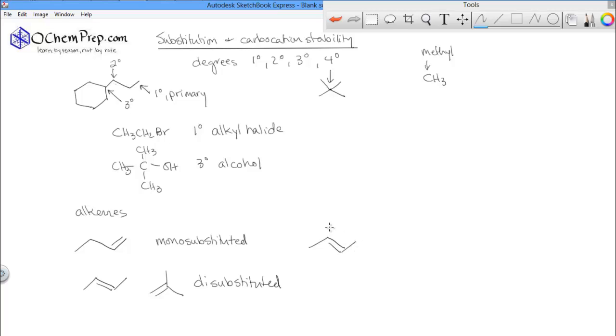And correspondingly, if I have my double bond attached to three other carbons, this is trisubstituted. And of course, one more. If I have something like this, this is tetrasubstituted. Generally, the more substituted, the more stable.